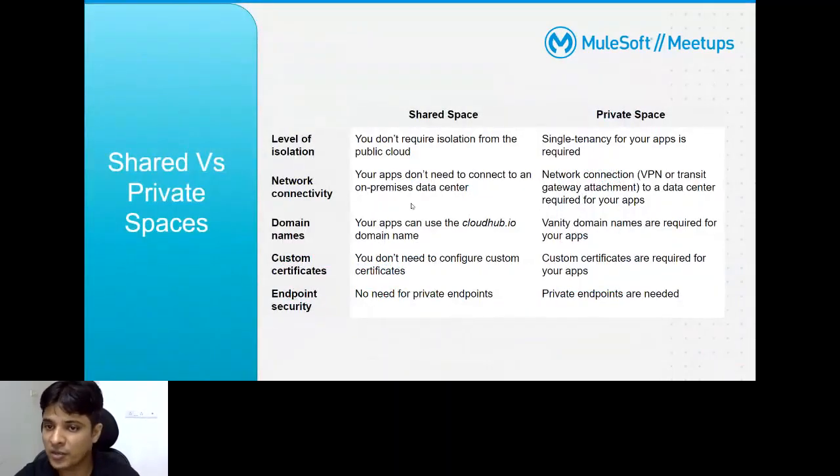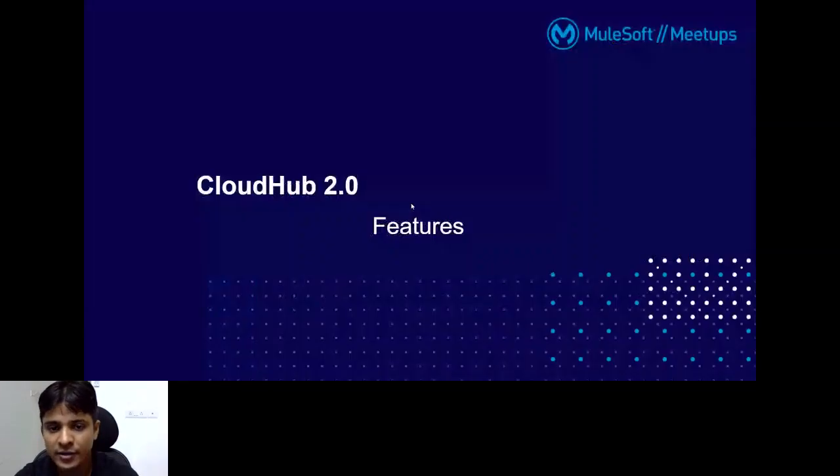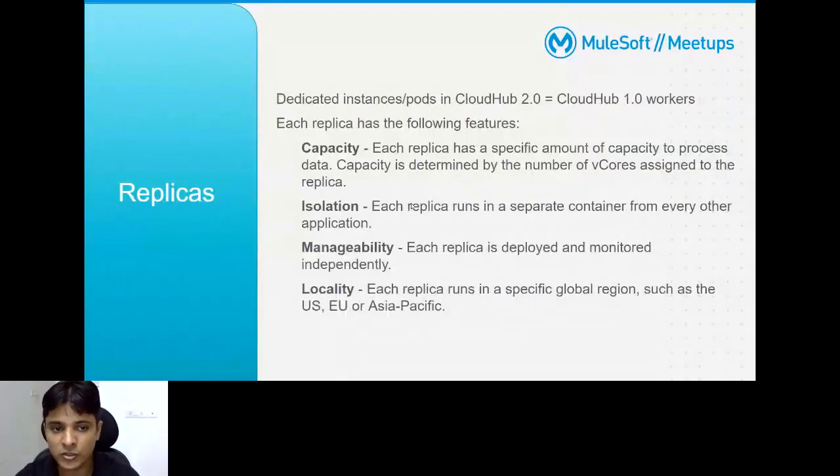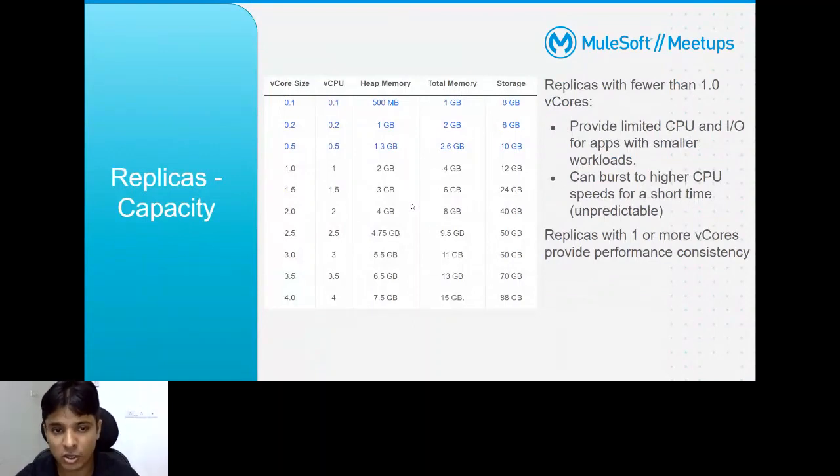Now shared space, private space, hope everybody got this point. Features we talked about. Now we have replicas where we can have 0.5 vCore and achieve isolation, as already mentioned.